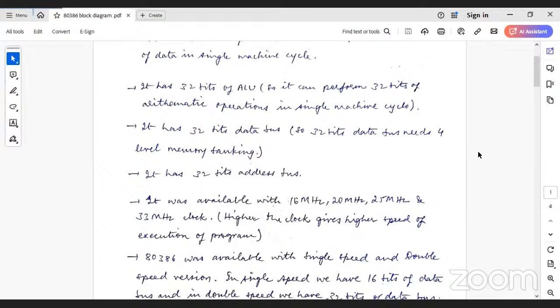In this 386, we were having clock frequencies of different values starting with 16 megahertz. Different companies manufacturing the same 386 processor had some different features in each product. So the clock frequency was different: some were having 16 megahertz, some 20 megahertz, 25 and 32. So 386 is starting with 16 megahertz.